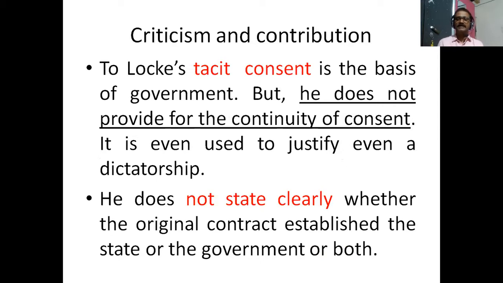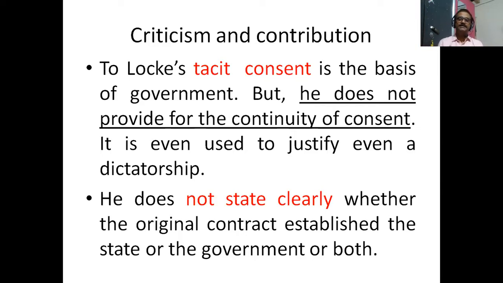Once governments are elected and a parliament is established with a certain term, the government thinks that whatever it does is because of the consent it has received in the elections, and they can do whatever they want, and it leads to a kind of dictatorship. So he did not provide for the continuity of consent, which is provided by Rousseau in his concept of general will.